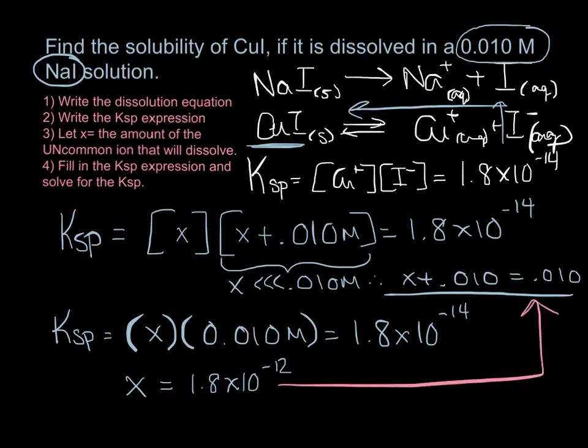And since x is really small, we can say that that assumption was correct. Okay, so x is the amount that will dissolve, and our solubility is 1.8 times 10 to the negative 12 molarity. And if it asks for it in grams per liter, we could change that to grams per liter.